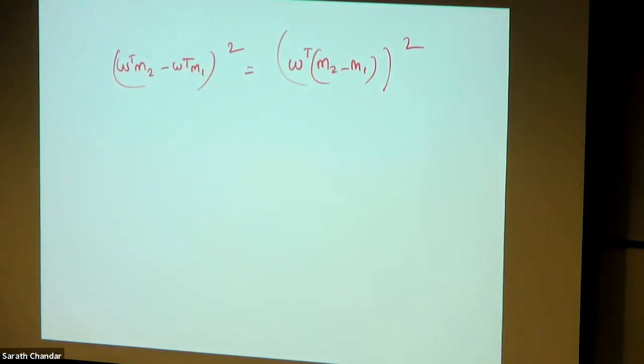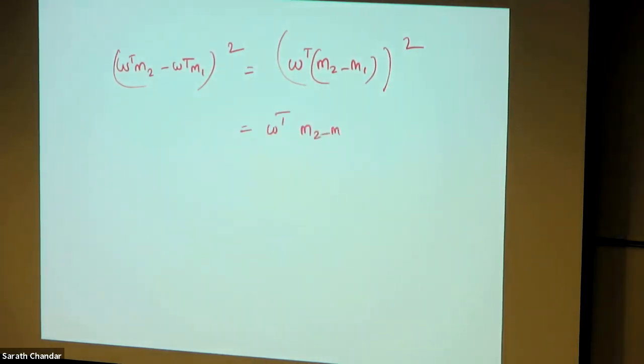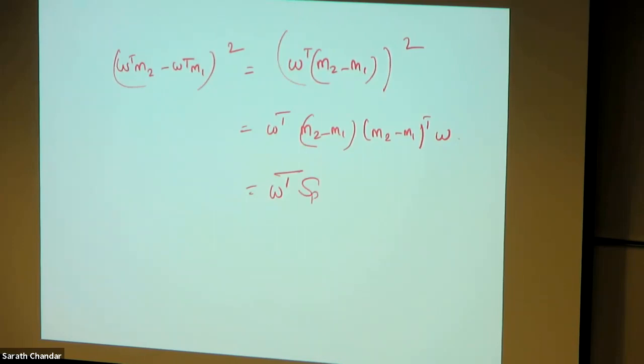Now this is basically w transpose m2 minus m1, m2 minus m1 transpose w. Now we know what m2 minus m1 is: it's the between class covariance matrix. So this is basically w transpose SB w, where SB is the between class covariance matrix. Is that clear? So this is for our numerator.